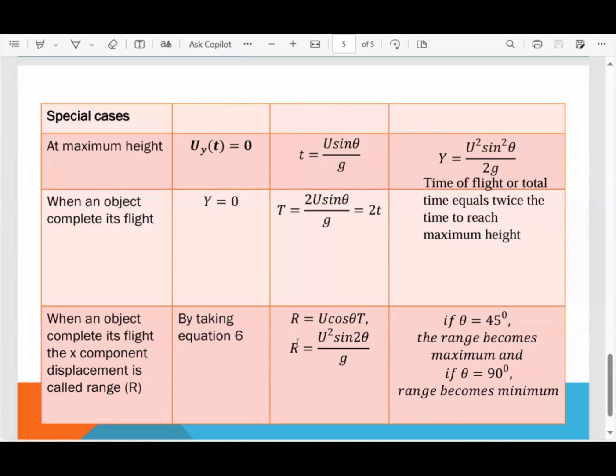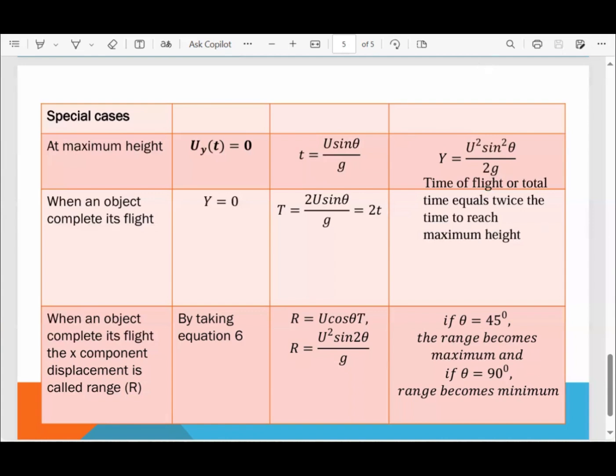The range, or the maximum horizontal distance, is dependent on the square of the initial speed and twice the sine of the angle. Again, in the case of this horizontal range, if theta is 45 degrees, the range becomes maximum, and if theta is 90 degrees, the range becomes minimum.